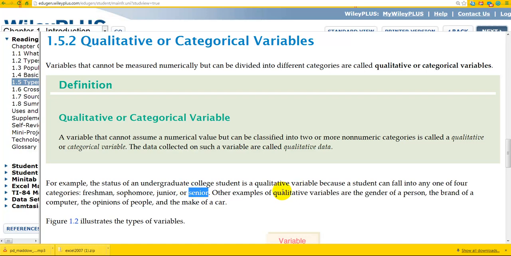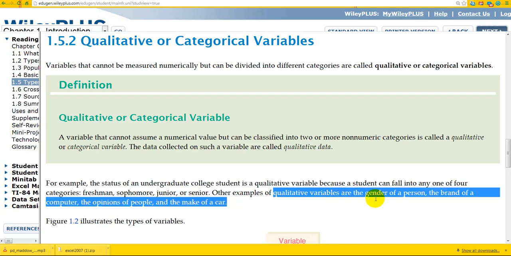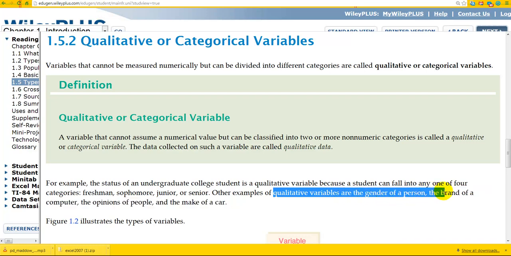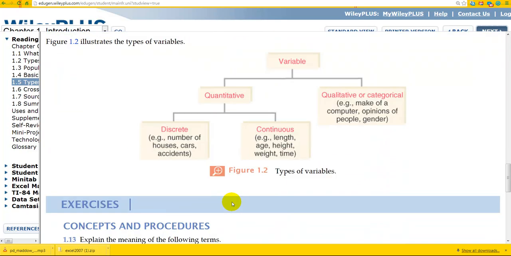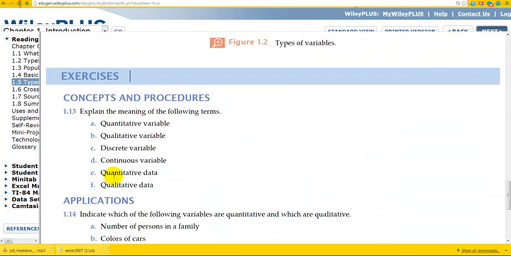Okay, other examples of categorical or qualitative variables are the gender, male or female, the brand of a computer, the opinions of people, the make of a car. Okay, and so we have this picture here. Go through these questions: explain the meaning of the following terms: qualitative, quantitative, discrete.